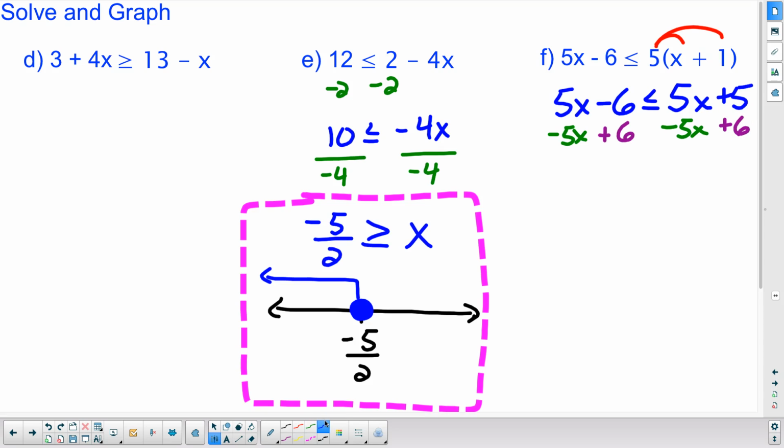And that gives me 0 is less than or equal to positive 11. Okay. What can you tell me about 0 is less than or equal to positive 11? What do you mean it doesn't work? Does it have to be the same number, though?